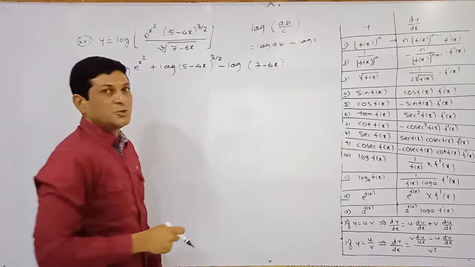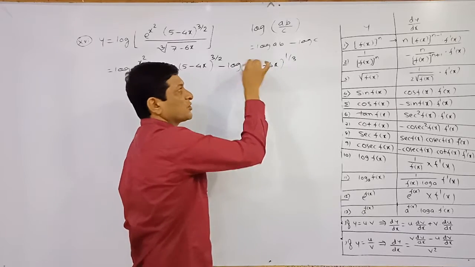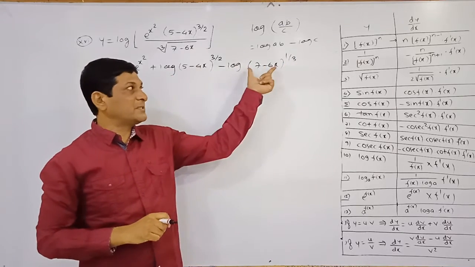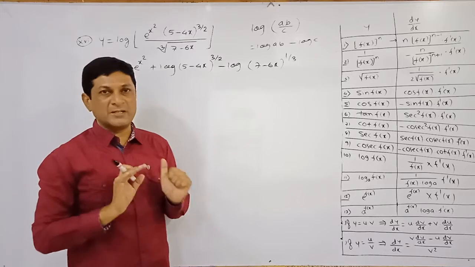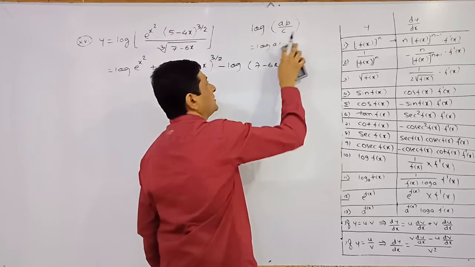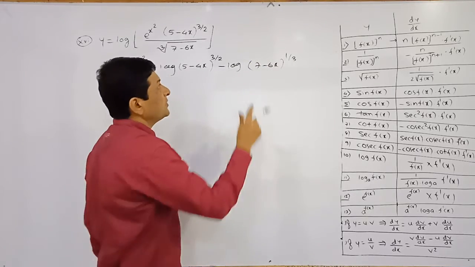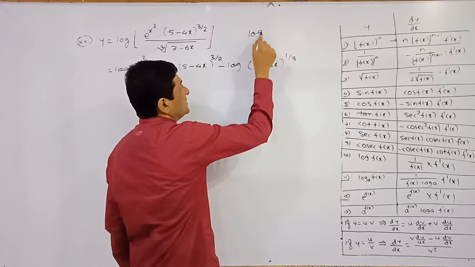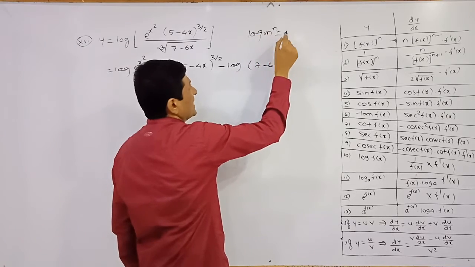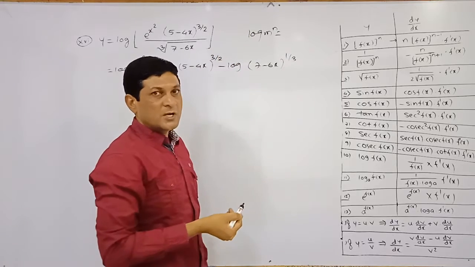We know that a cube root can be written as raised to power 1 by 3. Instead of writing cube root, I am replacing it by raised to power 1 by 3. Now we apply another law of logarithm to simplify it. We know that log of m raised to power n can be written as n times log m; the power n is taken as a coefficient.